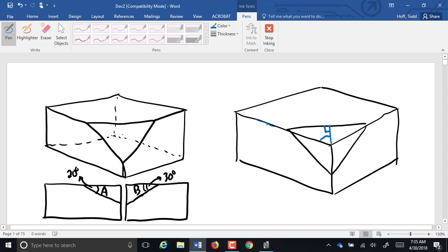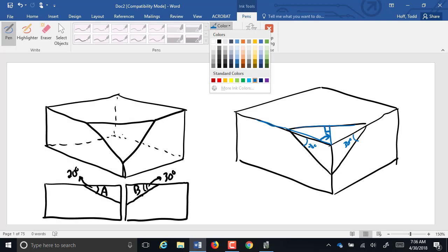Because if we think of this as being the front edge of the piece, that edge, when we set it down, is going to be lined up with the front of the table. We have to rotate it from that edge to that axis there so that this line here is going to be perpendicular. So rotating it to that edge is going to make it in that orientation. This here would be the 20 degrees up here. This would be the 30 degrees over here.